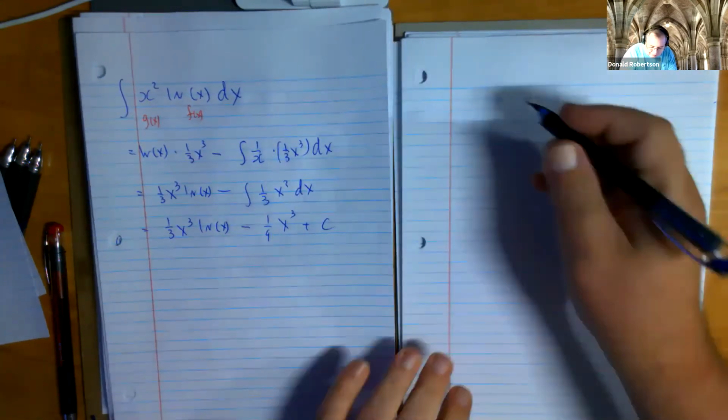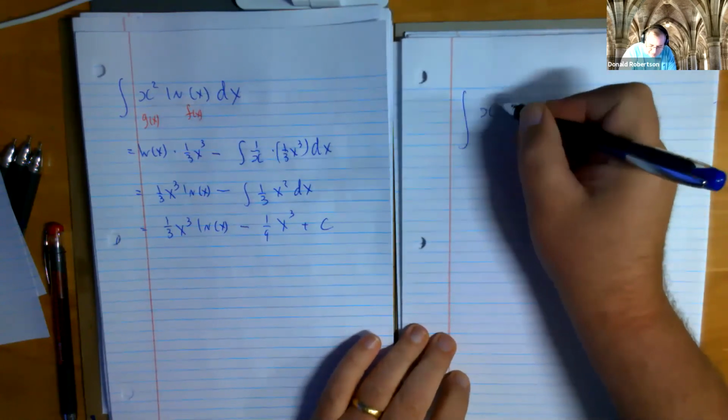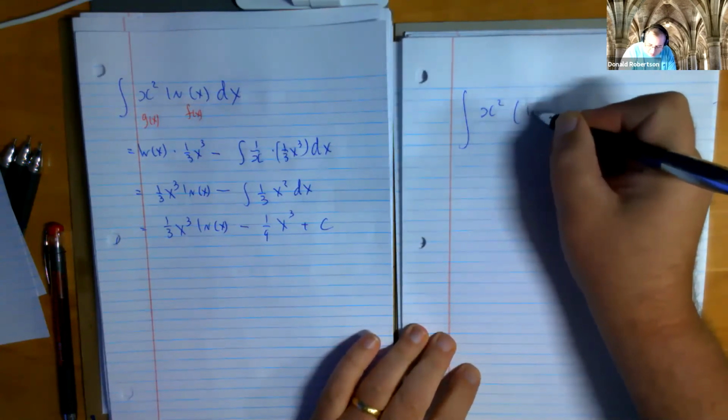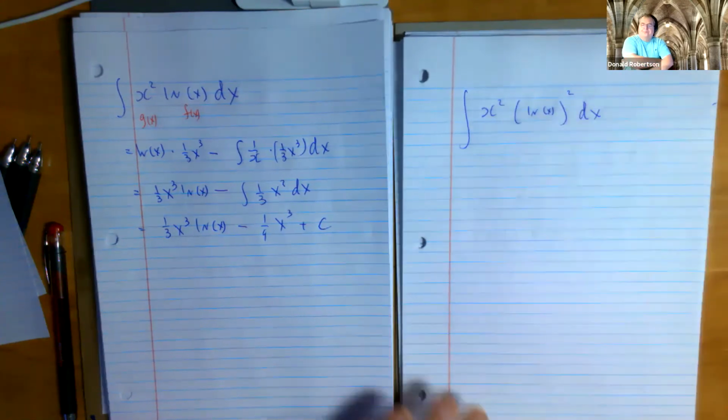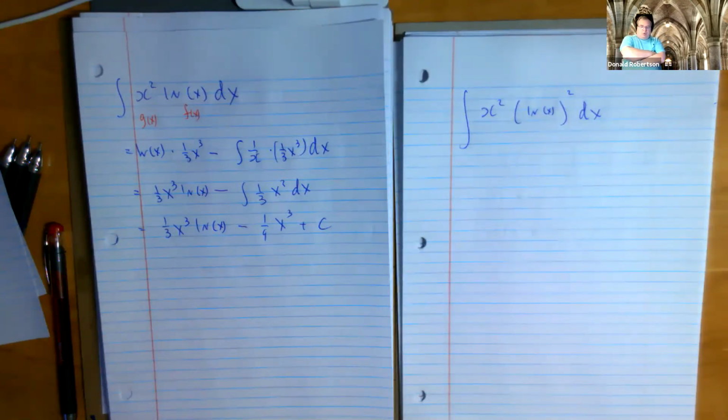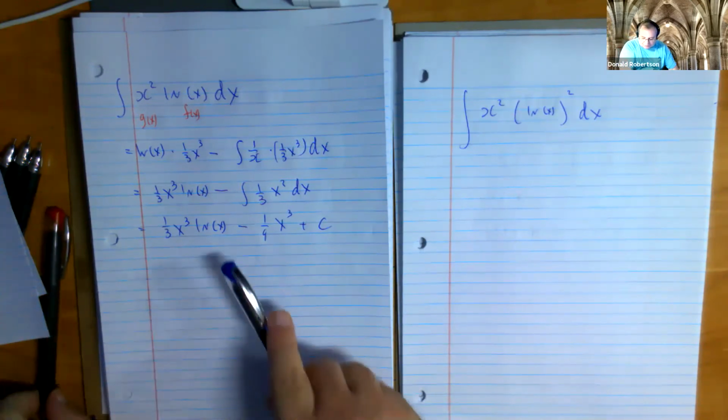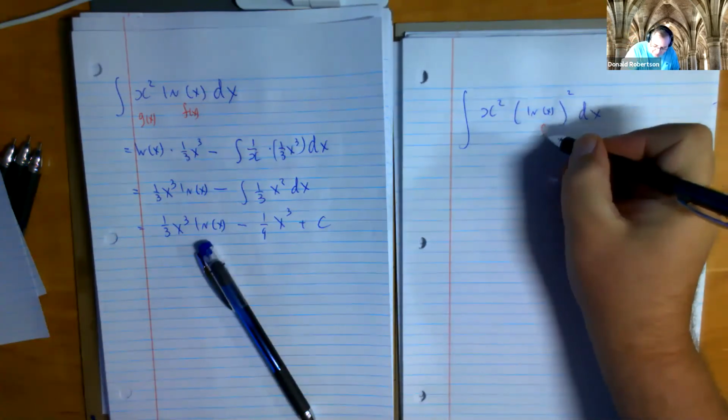So let's try a different version of that question. Uh-oh. It's not log x. We just did that one. It's log x all being squared. You know that doesn't change who I pick for f and g.